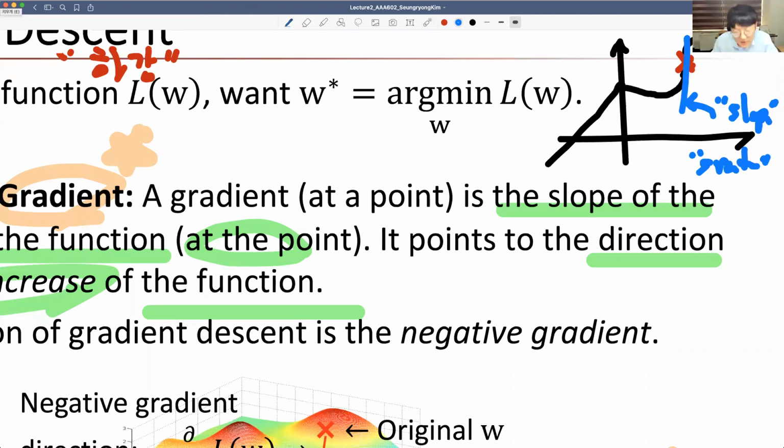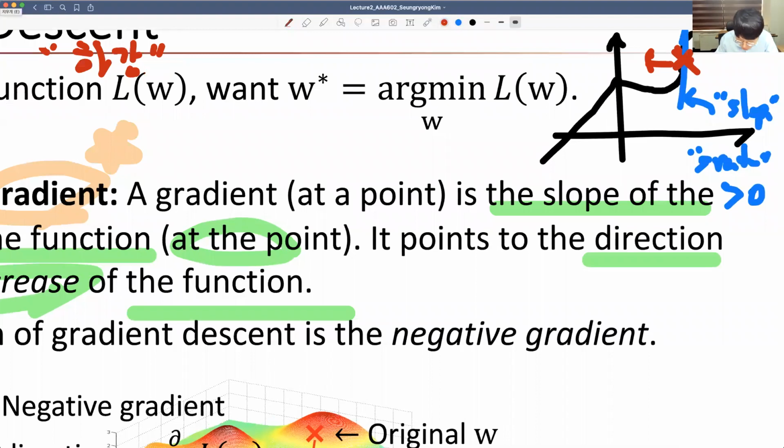What is the sign of this tangent line? Positive, right? Positive in this case. So it means that at this point we have to move in the negative way, something like this, to go to the minimum point.